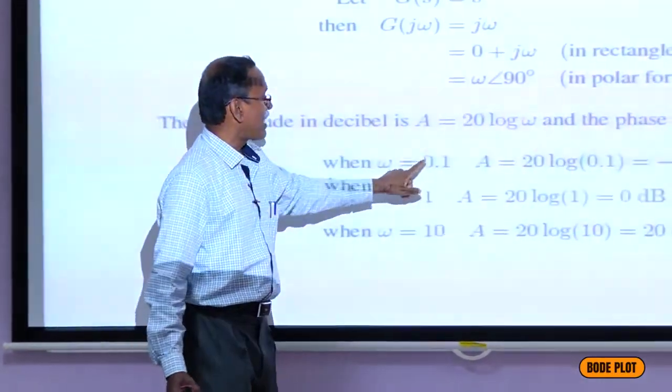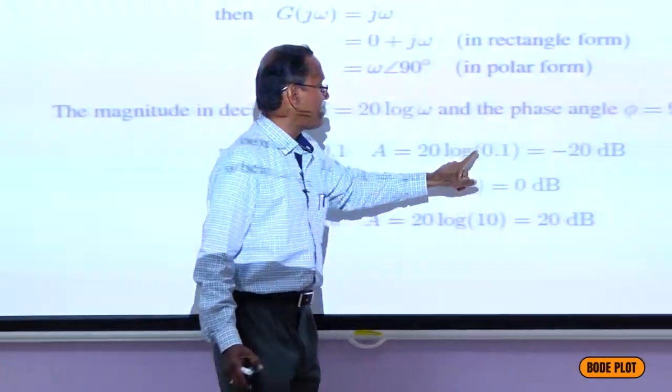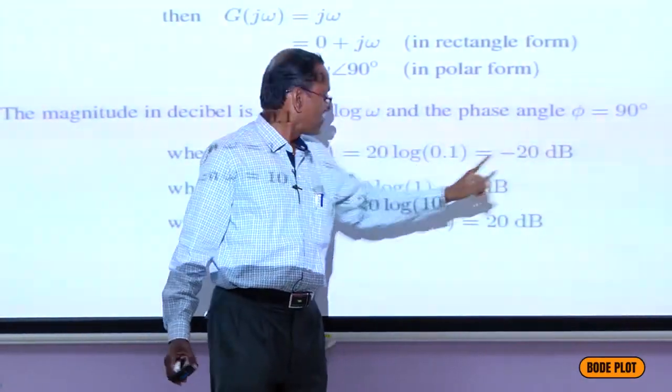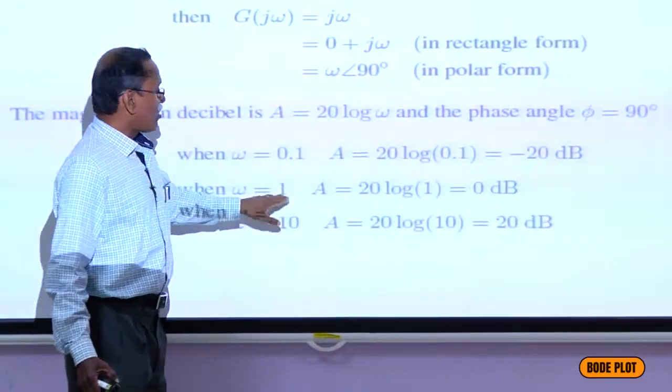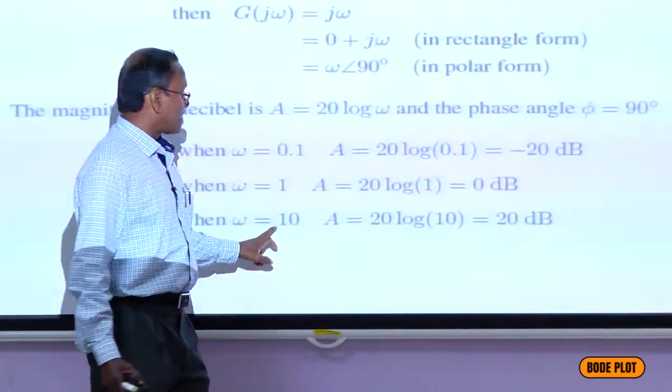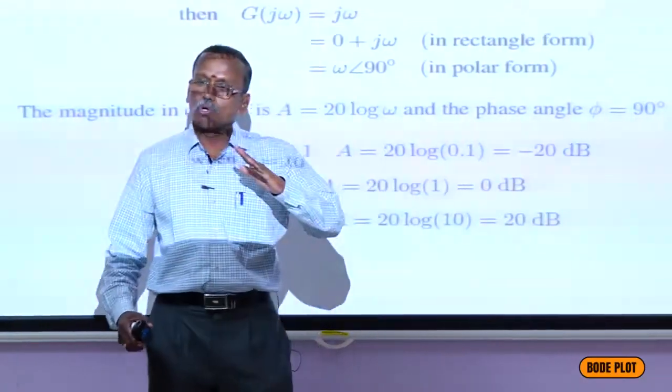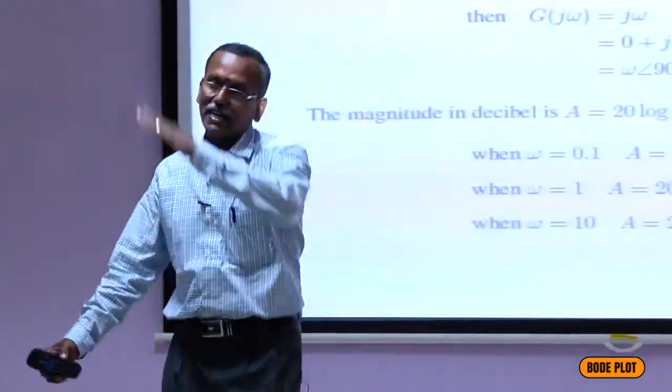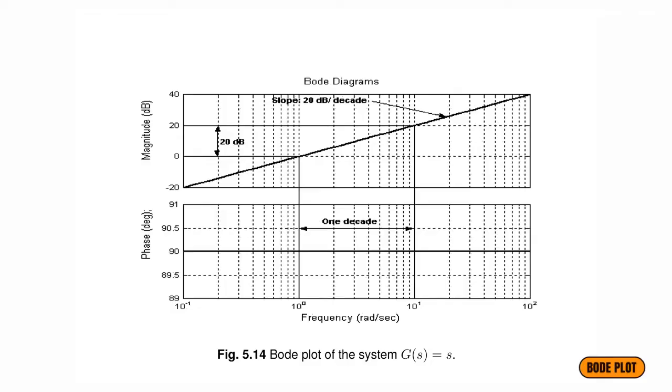Here, if you substitute omega equal to 0.1, 20 log 0.1 equal to minus 20. When omega equal to 1, it is 0 dB. When omega equal to 10, it becomes 20 dB. So, the slope is increasing at the rate of 20 dB per decade. When omega equal to 1, it is passing through 0 dB.